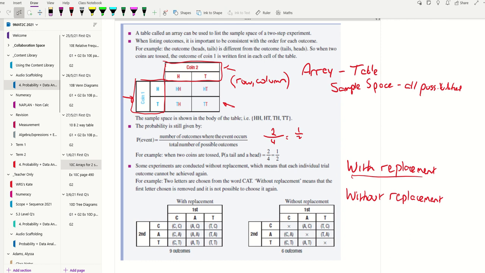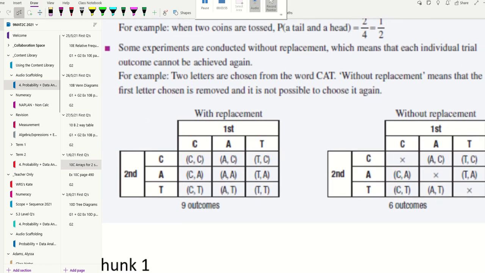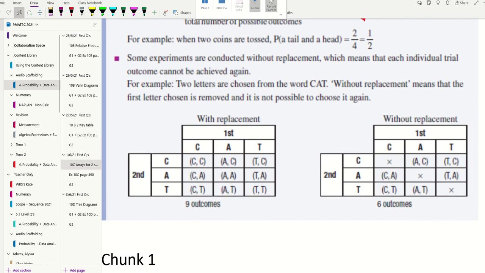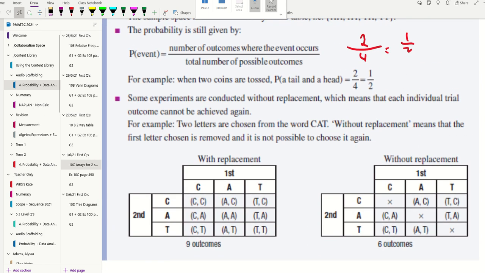Okay, so we have a look down here. What they've done is they've got the tables and it's shown our sample space. Here they've got 2 letters chosen from the word cat. So we put cat across in the row and cat also for the column.